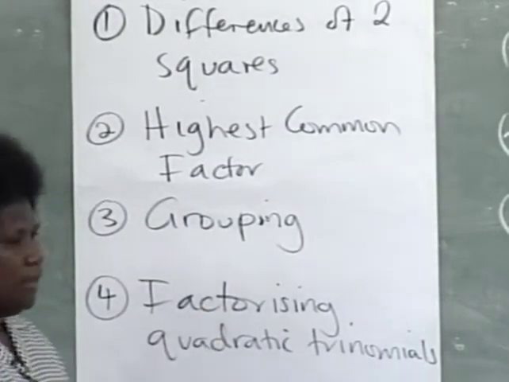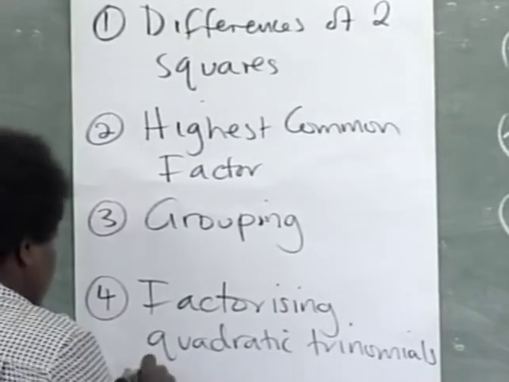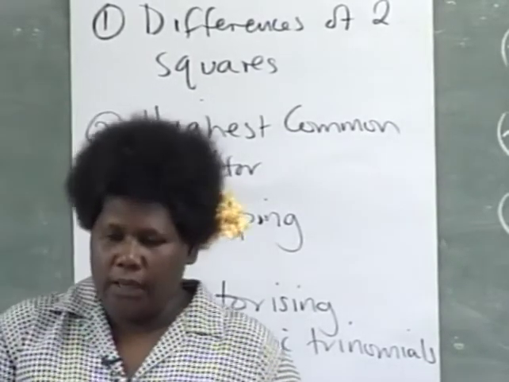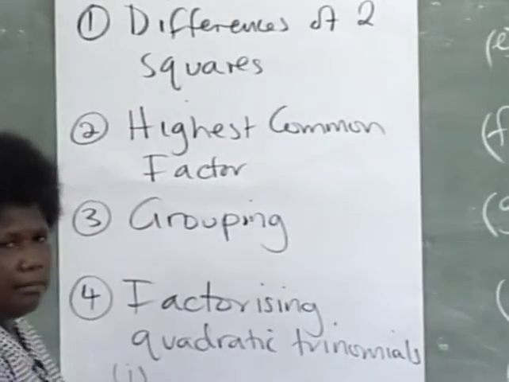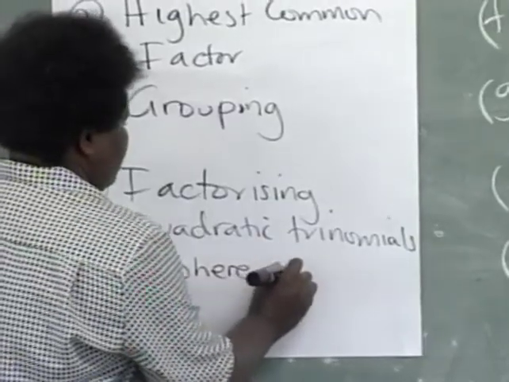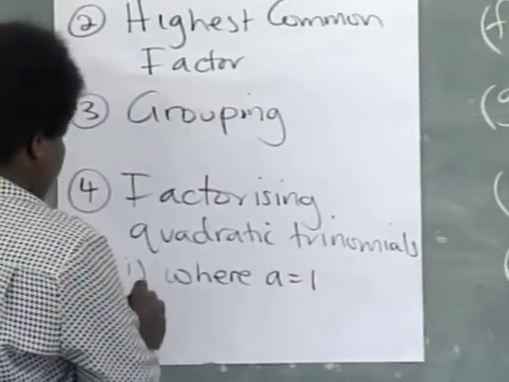For quadratic trinomials, we looked at 2 types. Number 1, Hekoi. Where a is equal to 1.